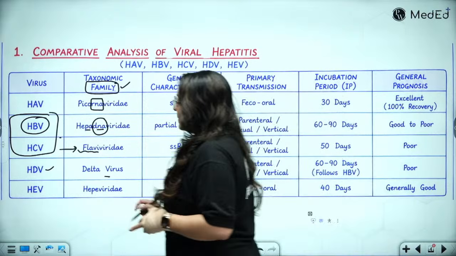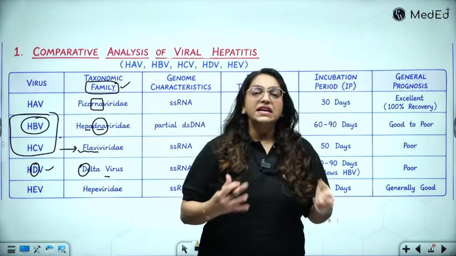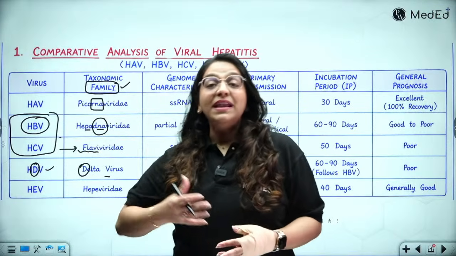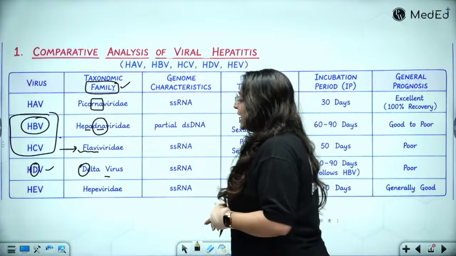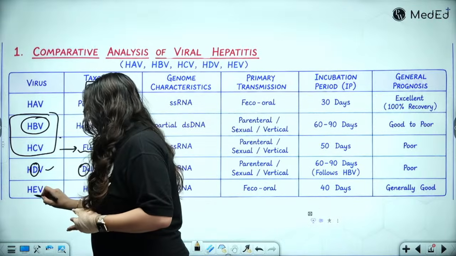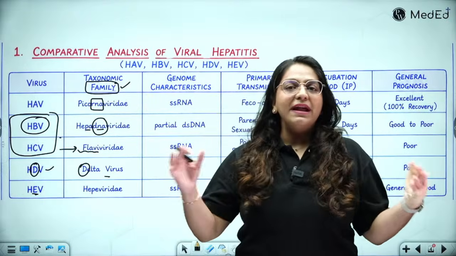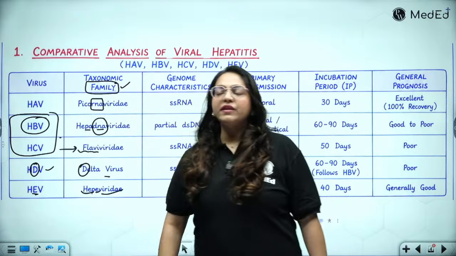Yes. What is hepatitis D? D stands for delta, D stands for defective, D stands for dependent, because my hepatitis D virus is dependent on my hepatitis B virus. Yes, it belongs to the delta virus group. And when I say hep E, I just simply write it like that. Hep E viridae. You know viridae means family.